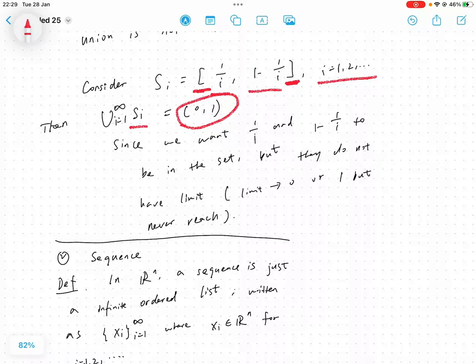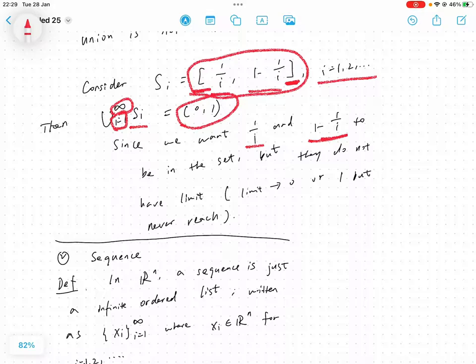Okay, so here the key point is that, by the construction, we have those two points, 1 over i and 1 minus 1 over i, included in each set. But be careful when we are taking the limit as i goes from 1 to infinity.